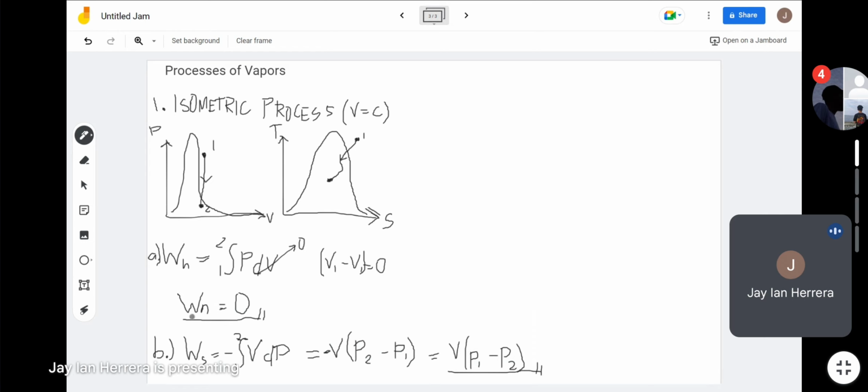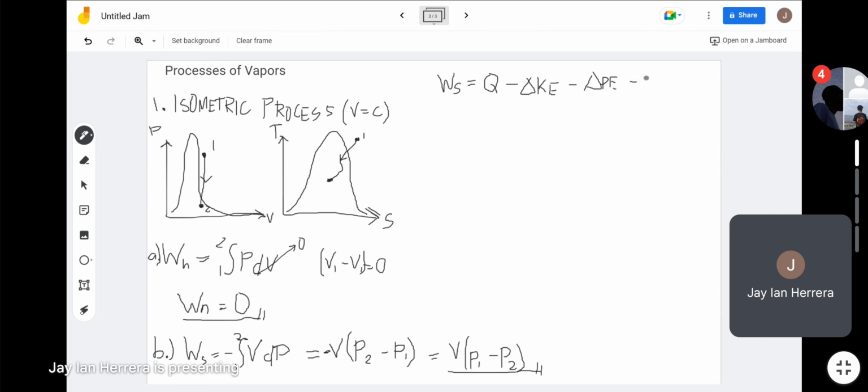Also, we can also solve work steady flow for vapors as, di pala summation kasi may minus. So, ito, formula is the heat minus the change in kinetic energy minus change in potential energy minus enthalpy.